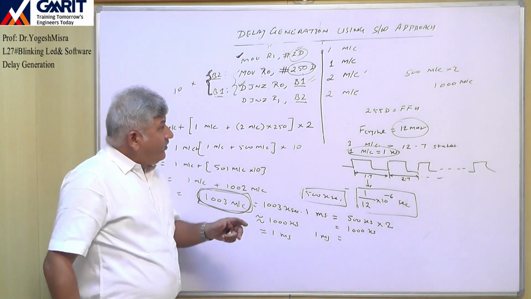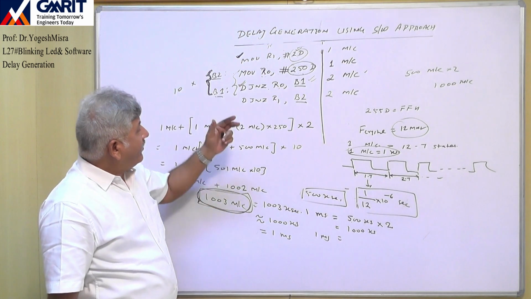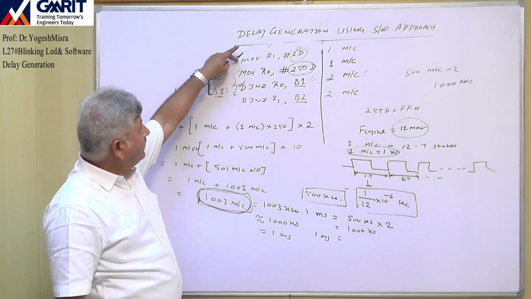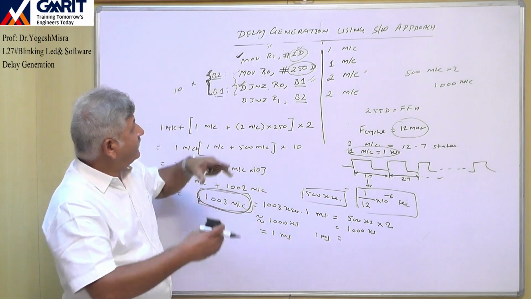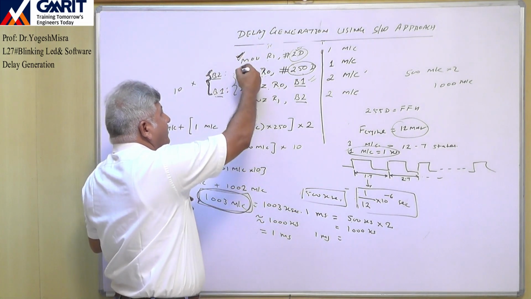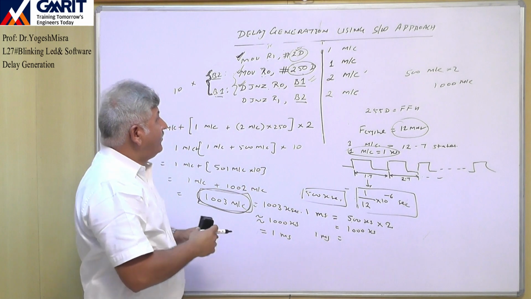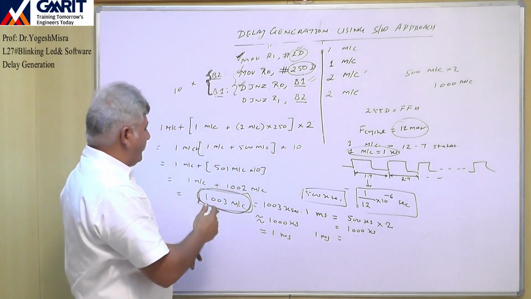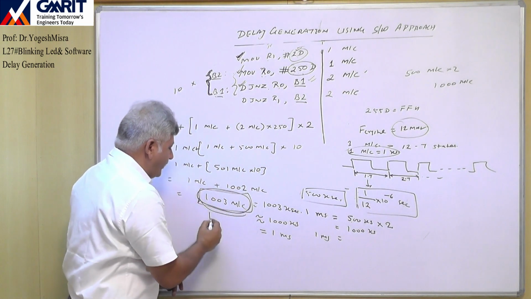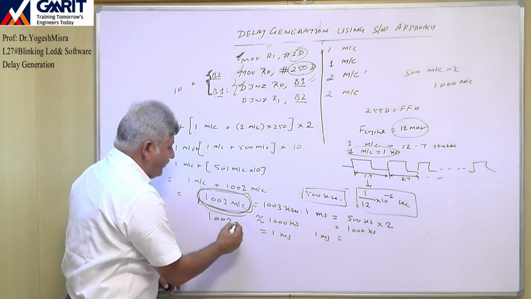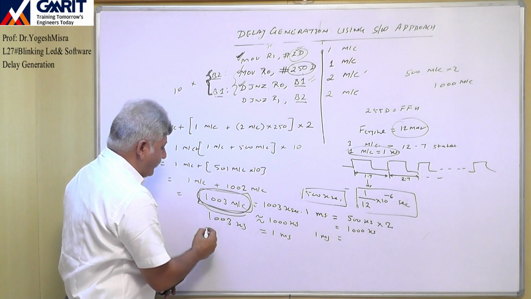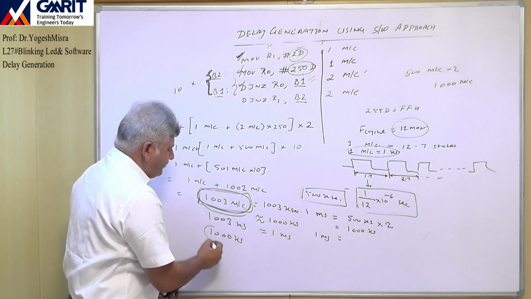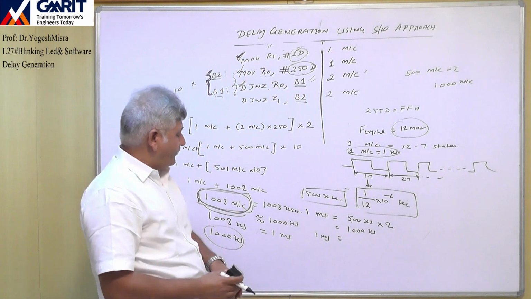So roughly we can overlook the machine cycles required for these two instructions, right? Because in place of 1003 microseconds, if we consider it as 1000 microseconds, it is very close.